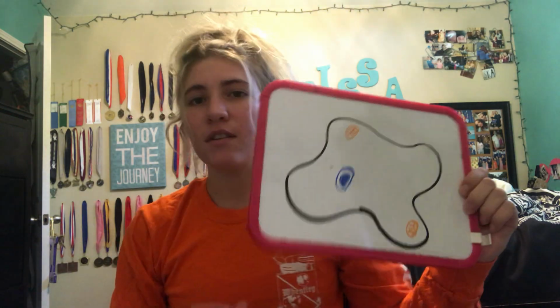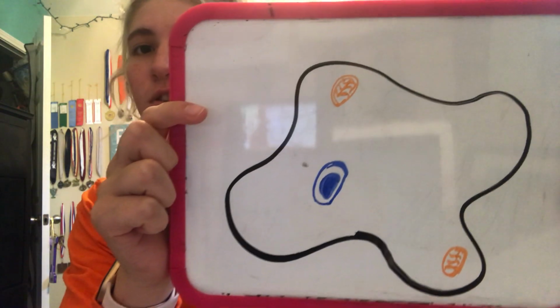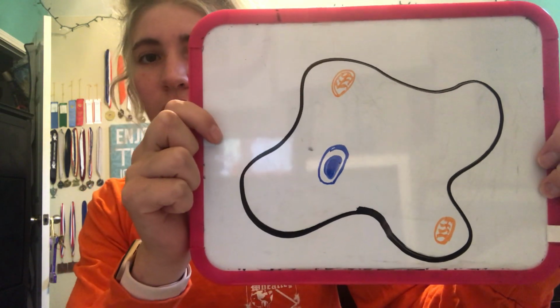They have their own genetic material that's separate from the DNA in the nucleus, so that way they can make copies of themselves. So I drew a couple here, the orange ones. They also store calcium, and in apoptosis, which is the process of the cell dying, they take a role in that too.